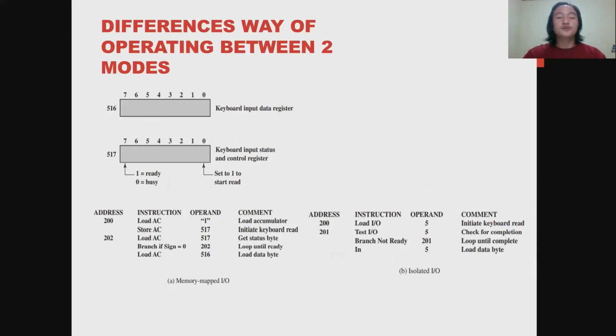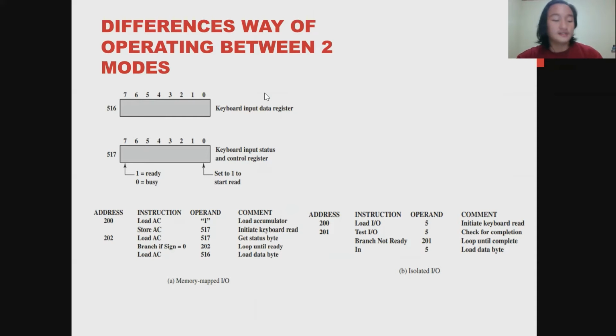Here we have two figures, which are the memory-mapped input-output and the isolated input-output. Figure A shows how the interface for a simple input device, such as a terminal keyboard, might appear to a program using memory-mapped input-output. Assume a 10-bit address with 512 memory locations, 0 until 511, and up to 512 input-output address locations.